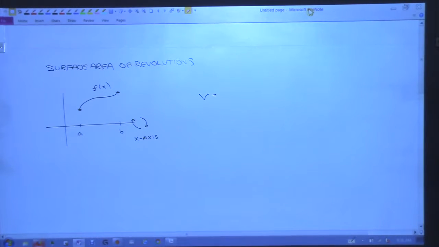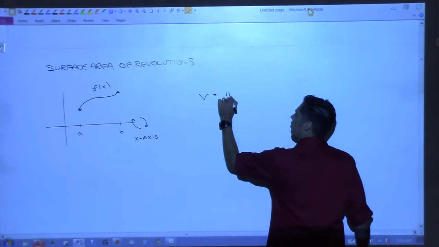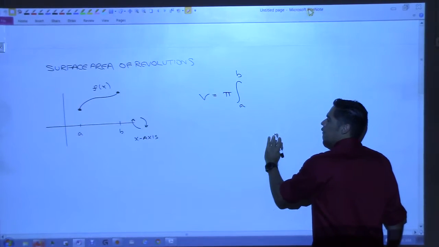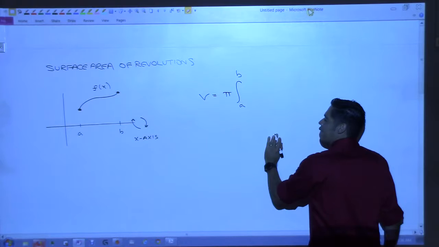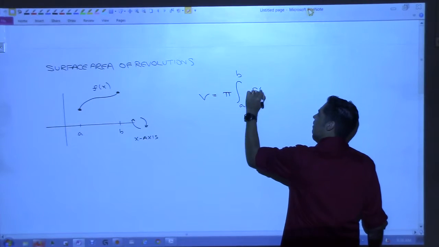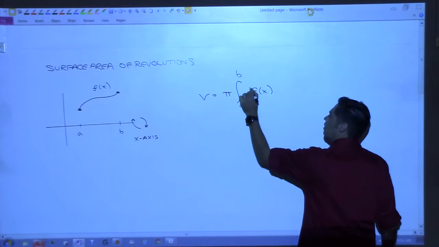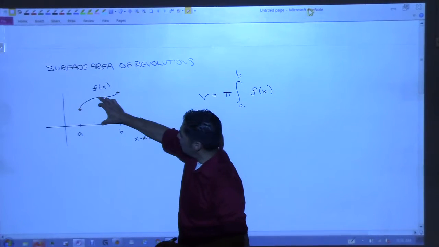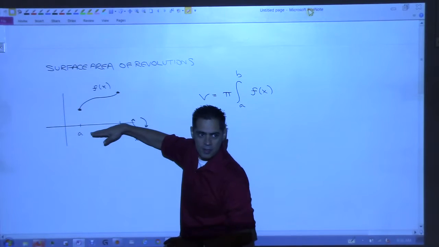If we go around the x-axis, so that's our axis of rotation, the volume of that is pi integral a to b, it's the outer radius squared minus the inner radius squared. So if we're going from here to here, then the inner radius is 0.